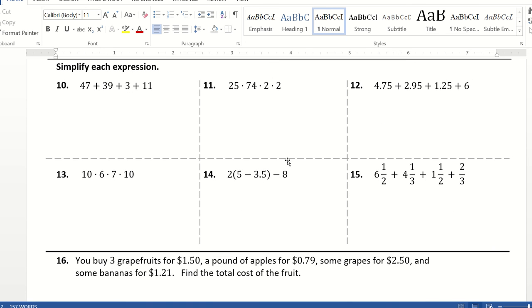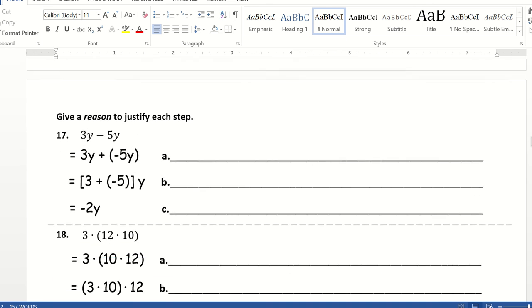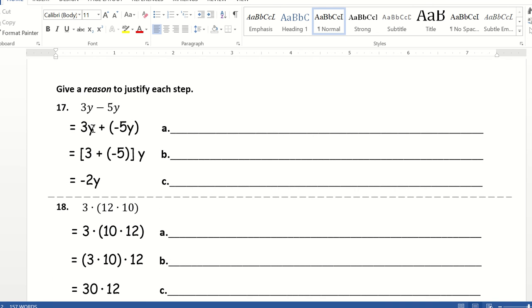Simplify each expression. A lot of these are going to involve the properties, whether you realize it or not. Little word problem. Same thing here. Like what property am I invoking in this step? Going from here to here, exactly what property. And you can use the codes. If you want to keep using the codes, that's fine. But give a pretty good reason whether it's a property or whether you're just adding something together.